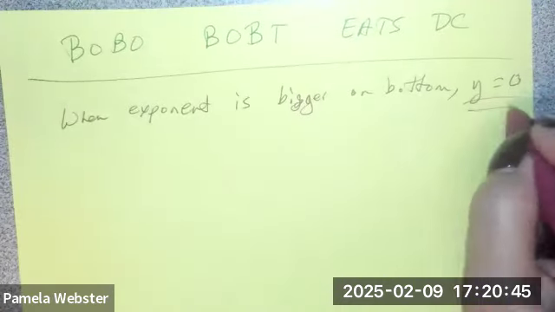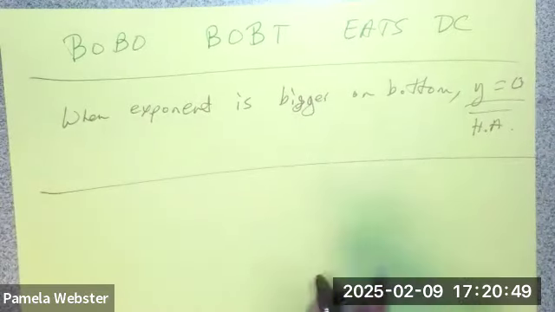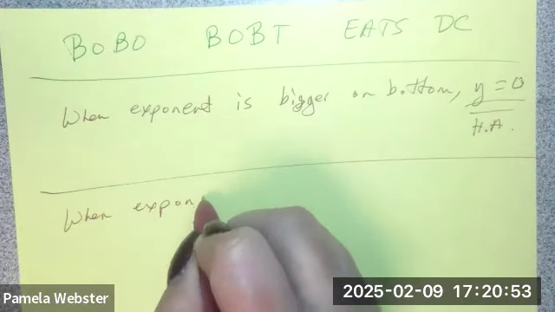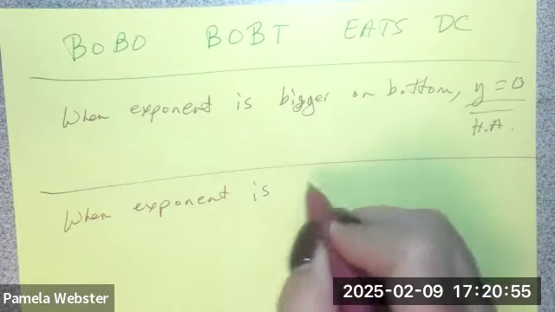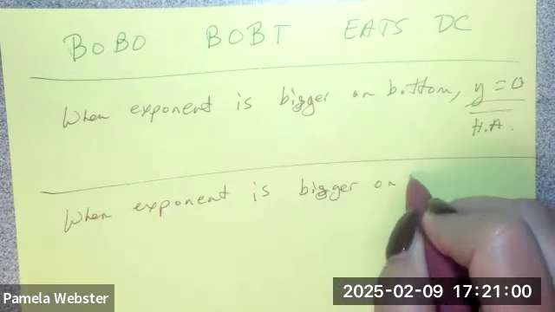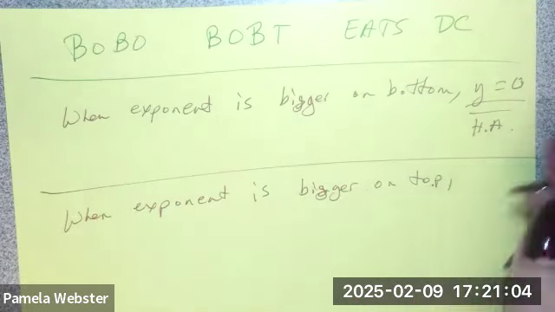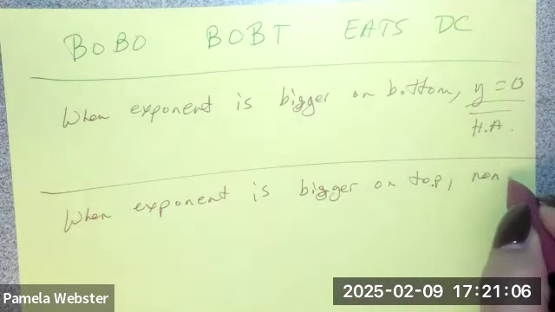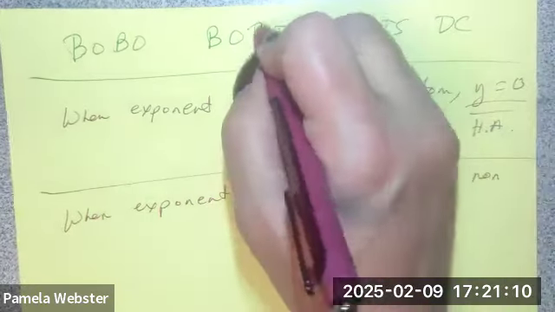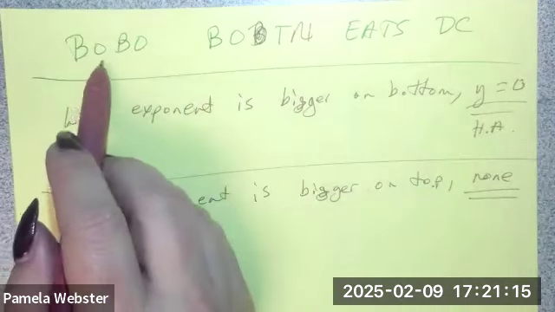That's rule number 1. I personally like to do the top first and then the bottom. When the exponent is bigger on the top, there is none.